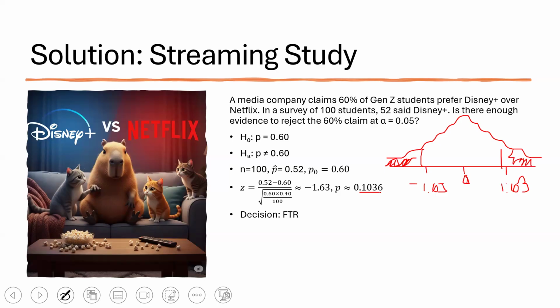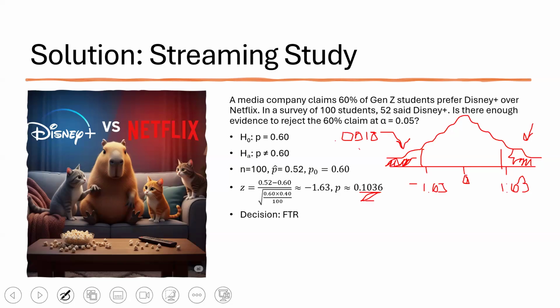Now, the way that we look it up, if we're using a z-table or technology, either way, we would find just the area on one side, which is going to end up being about 0.0518 if you look it up in the table. But because we know this is a two-tailed test, we multiply that by 2 to get the area over here as well and get that total 0.1036.